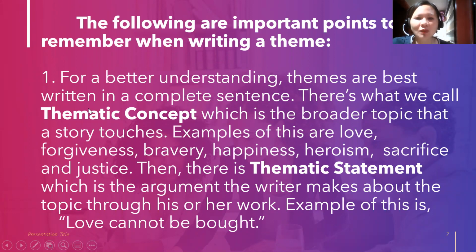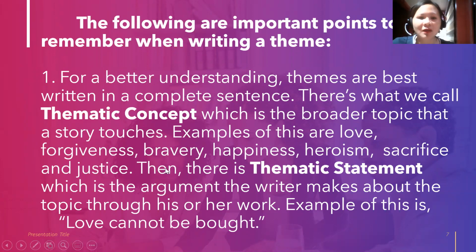There's what we call thematic concept, which is the broader topic that a story touches. Examples of this are love, forgiveness, bravery, happiness, heroism, sacrifice, and justice. So that is thematic concept. So when we are going to tell the thematic concept, we can only say it in one word only.